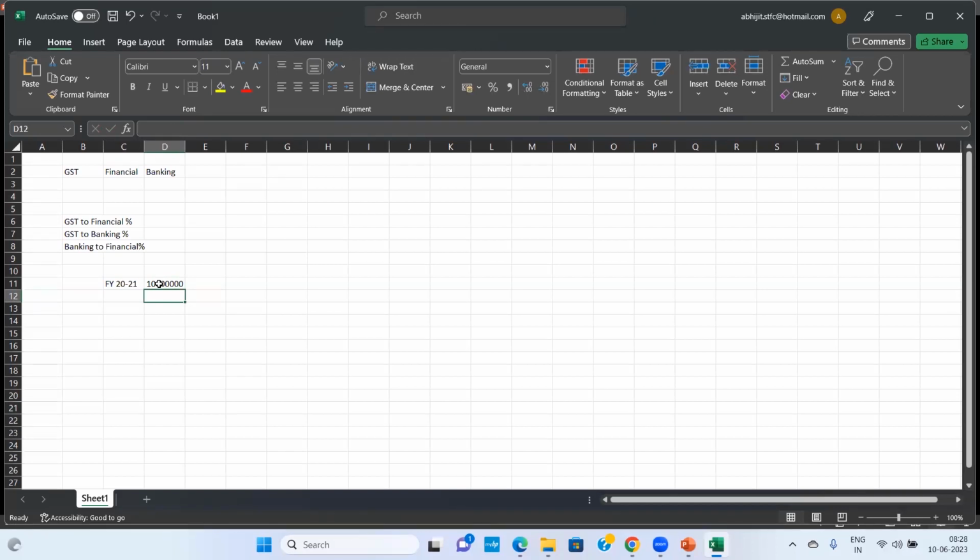Please understand, be attentive. Financial year 2021, as per the financials, I am showing my entire turnover is 1 crore. In the same financial year, my bank statement shows a total credit from customers of 90 lakhs.